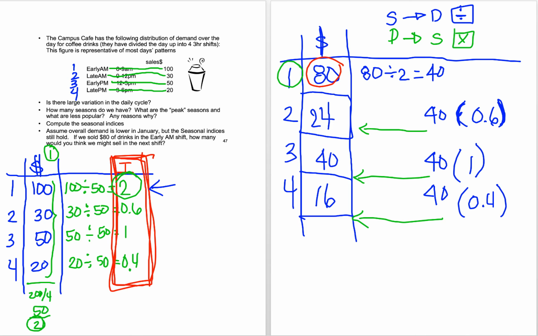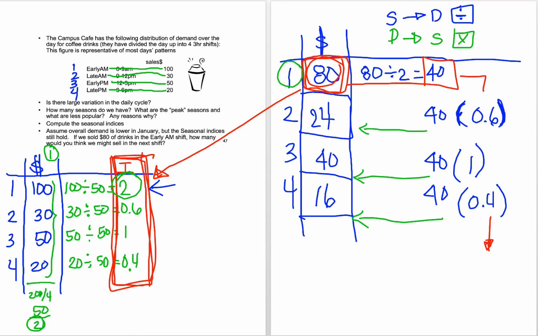And so what we essentially did with this part of the question is we were given seasonalized data. We use the index to deseasonalize the data. And because this is deseasonalized, we know that the rest of the seasons have the same value.